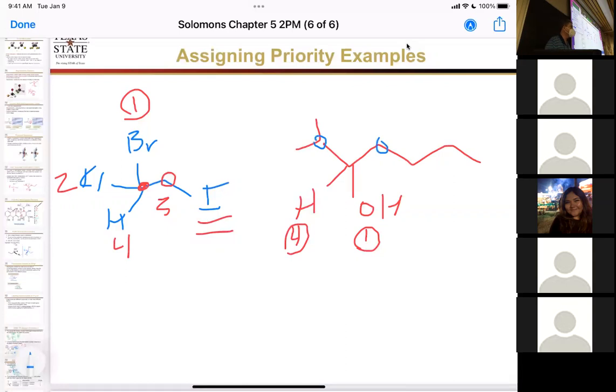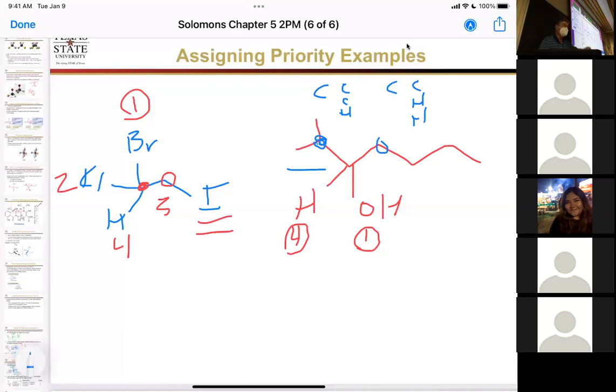Which one's higher? Right, because this carbon is a carbon with a carbon, and a hydrogen. This carbon is a carbon with a carbon, hydrogen, hydrogen. So the isopropyl group has more carbons attached to the carbon of interest. And that's why it is higher priority.